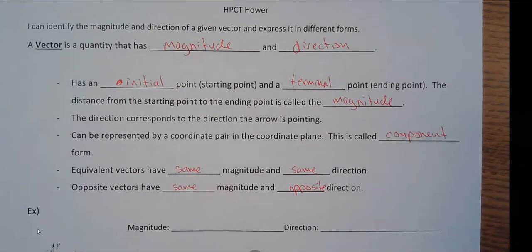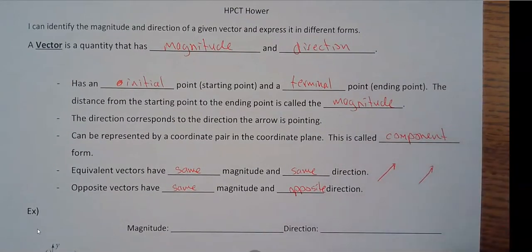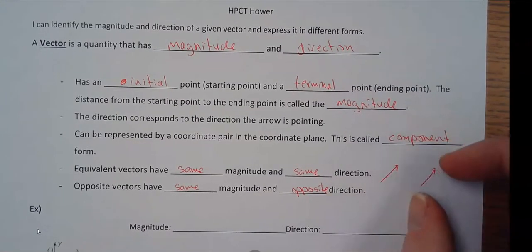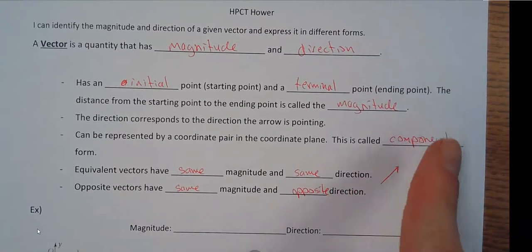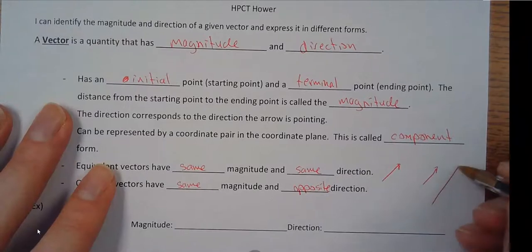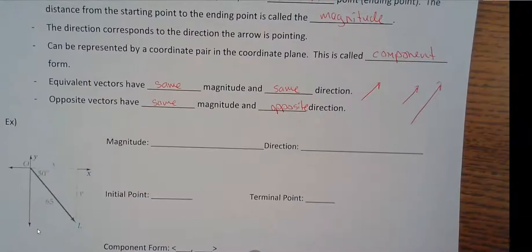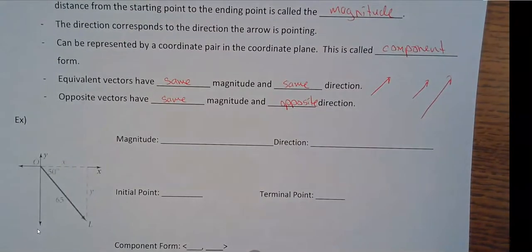If you have two vectors with the exact same magnitude and same direction, but they're just floating around, one here and another over here, those are equivalent because it's the same length and the same angle. If I draw something longer, it would not be equivalent because it has more magnitude. If you think about weight, that means it's heavier. If we're talking about speed, it's going a lot faster than the other ones.